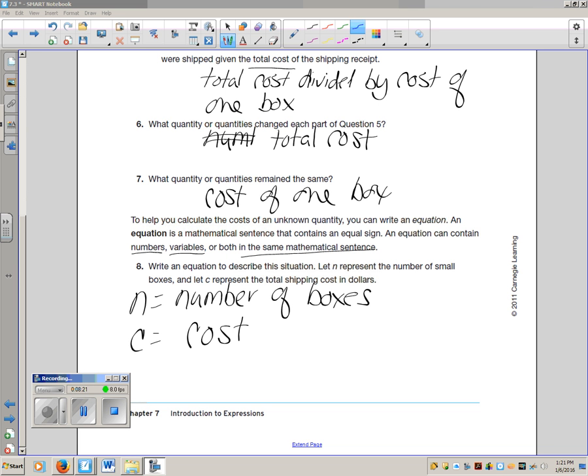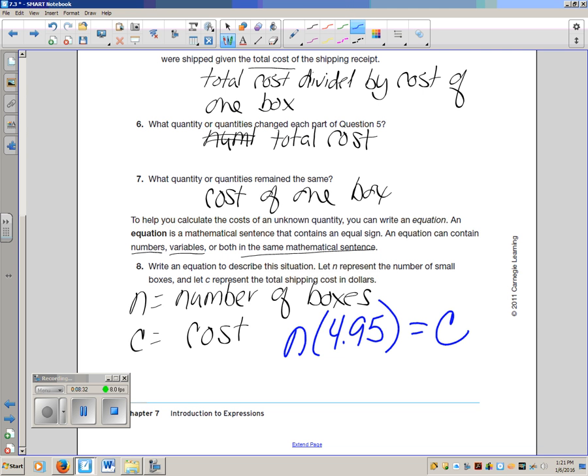So if we have the number of boxes, we multiply that times $4.95, and that equals the cost. And the second part of the equation was the cost divided by $4.95, which is the cost of 1 box. That gave us the number of boxes.